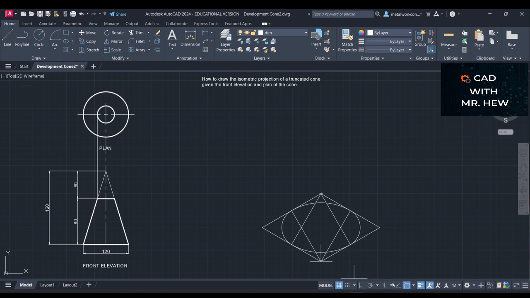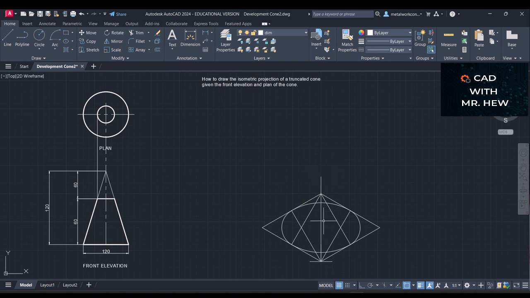So we go line there, and the height should be, let us put it at 150 for today's class. All right, enter. Originally we needed 60, but I'll change it to 150.